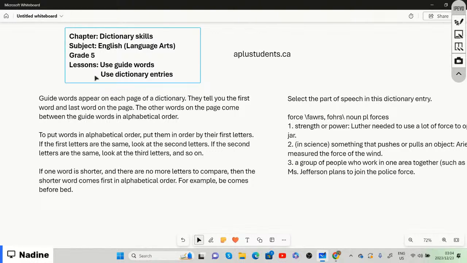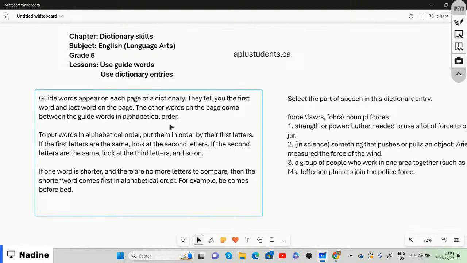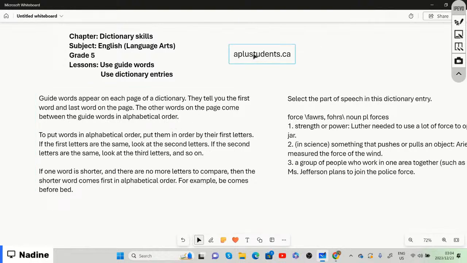Our subject is English, which is language arts, grade 5, and the lessons that we're going to be focusing on under the chapter of dictionary skills are to use guide words and to use dictionary entries. And we are doing our tutorial lesson on aplusstudents.ca.